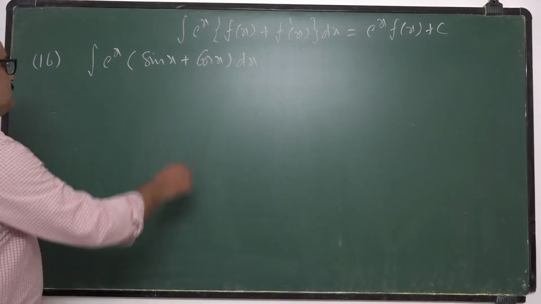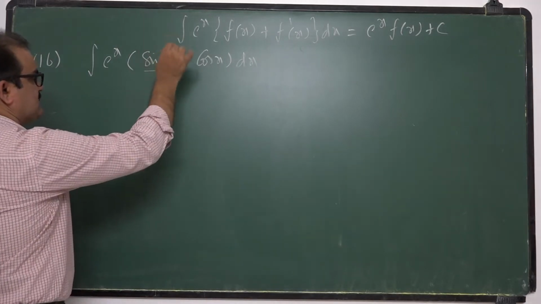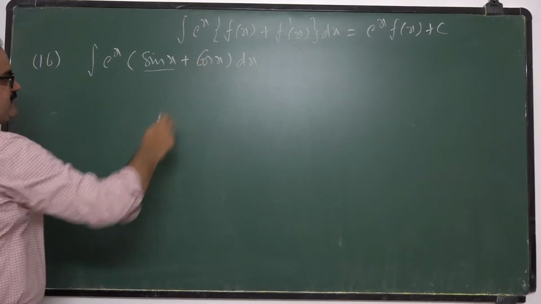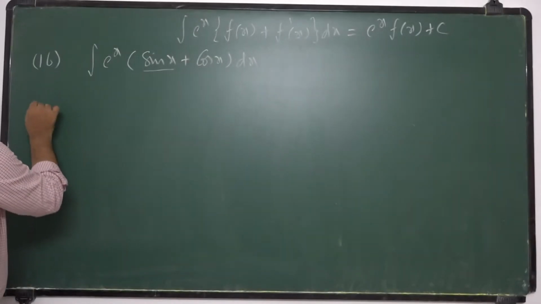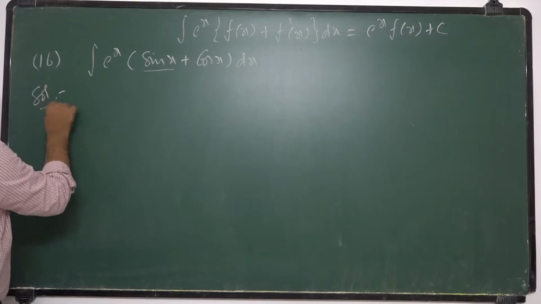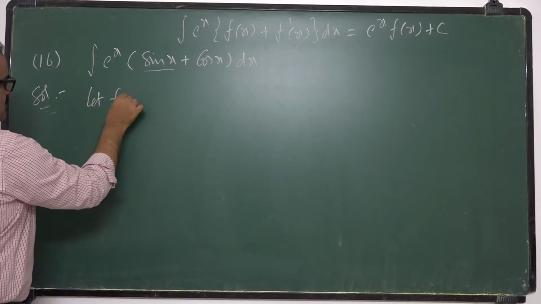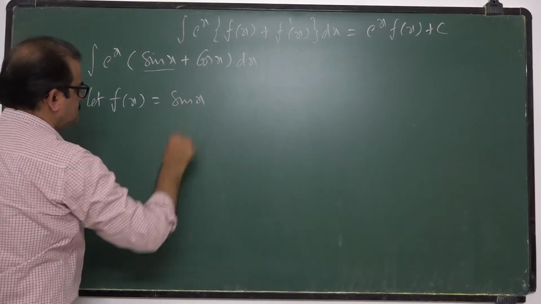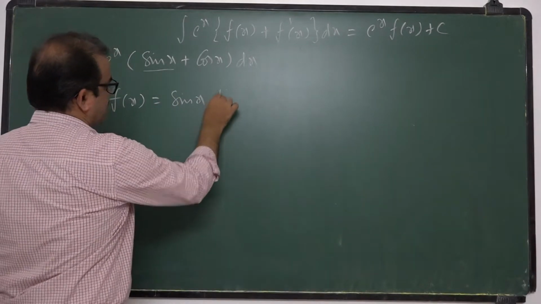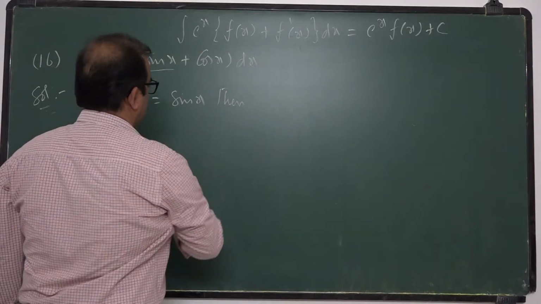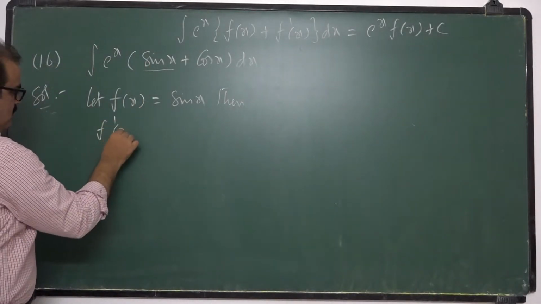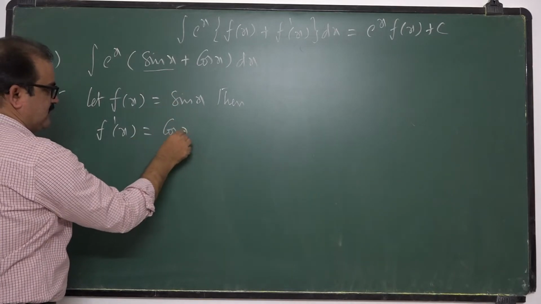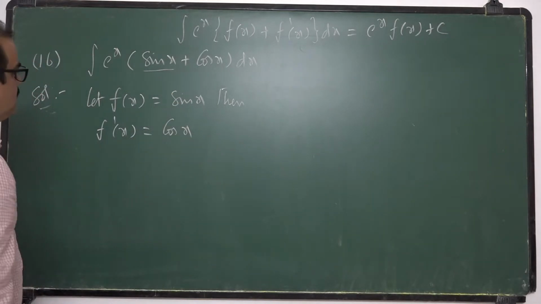If we take f of x is equal to sin x, then it becomes f dash x. Let f of x is equal to sin x. Then f dash x is equal to the derivative of sin x, that is cos x.